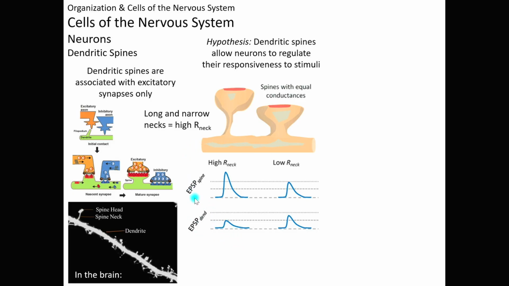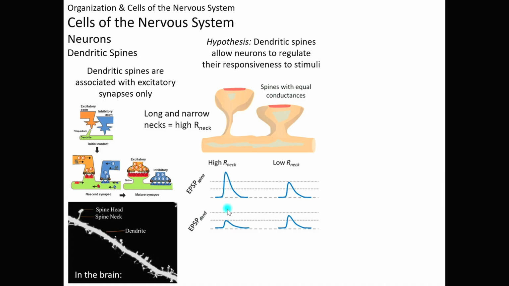So here they're showing us, so it says EPSP, which is the excitatory postsynaptic potential. So basically just think of that as like how much excitation is occurring. You can see here that in the one on the left that has the really narrow, long neck that's resistant to flow of excitation, notice how the excitation in the spine is very high, right?